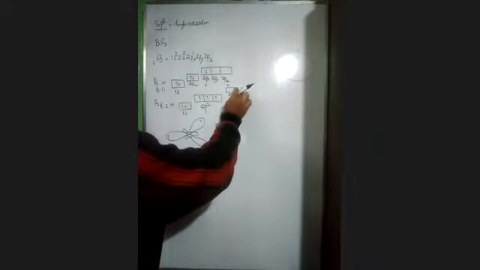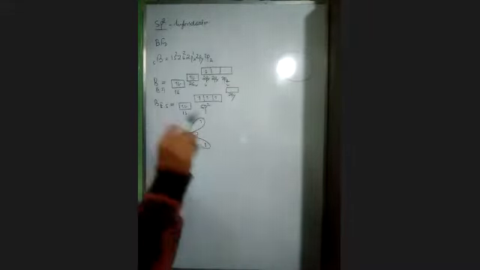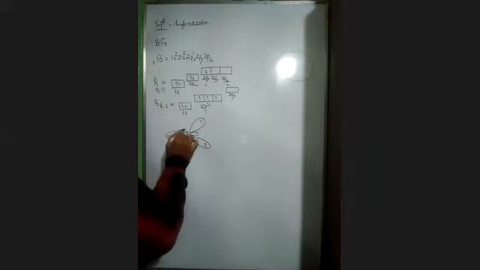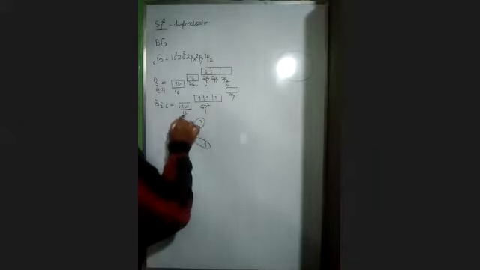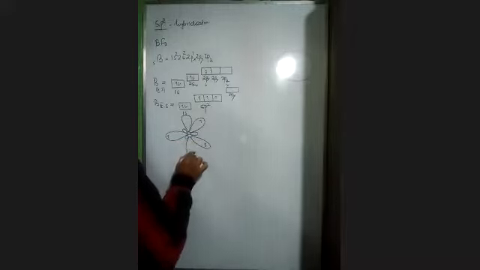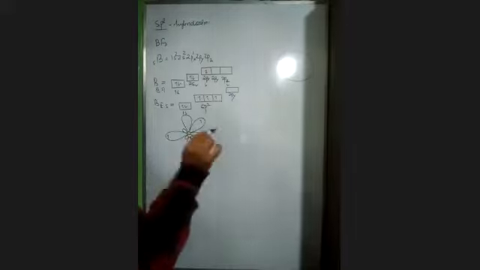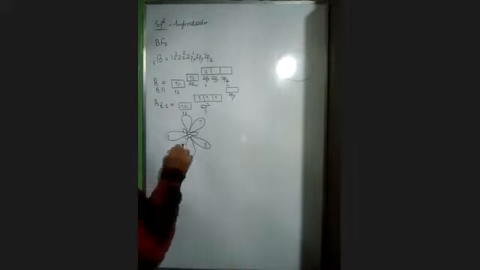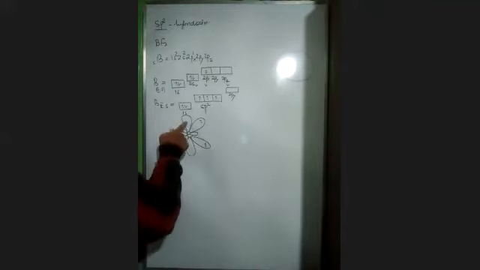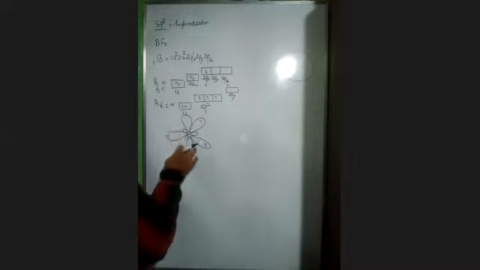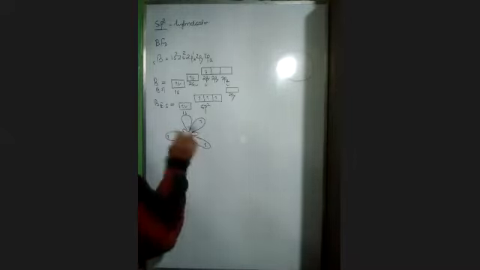But this I cannot leave, because it is in the core of the nucleus. It is inside the atom. So in your book they did not mention it, but we are being told to draw it like this. Look here. From here only you can make out which one is hybridized and which one is not hybridized. In an unhybridized orbital, the size of both the lobes is the same. So this is the unhybridized p orbital, and these 3 are hybridized.